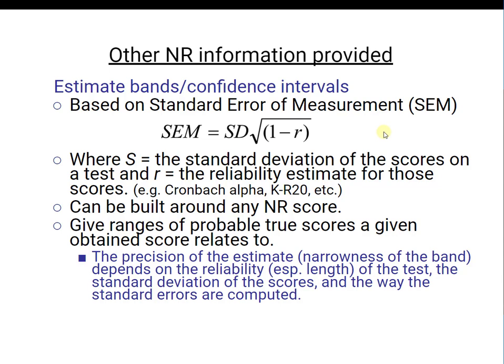But what they can give is a margin of error where they believe the true score is most likely to exist. And they would show this estimation by a band that would extend on both sides symmetrically from what they believe the student's true score to be.